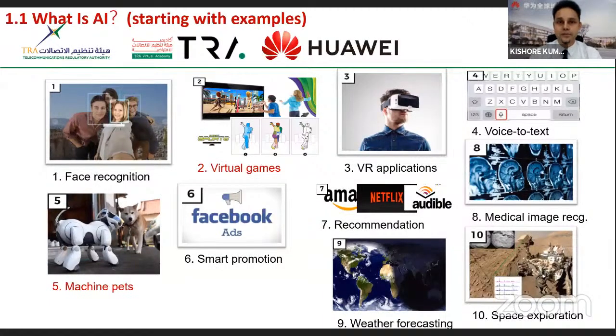These are somewhat matured AI applications that we see, understand, or use almost every day, don't we? Here, I'll talk about these two applications in red, virtual games and machine pets. Why are they AI applications?